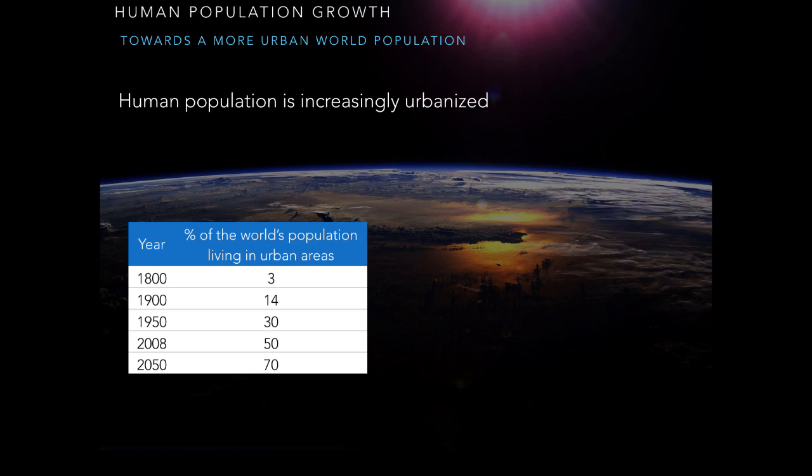More activities, little by little, started to increase in the cities. And so we saw a shift of the human population toward being more and more urbanized, with about 50% of the world population living in cities only 10 years ago. It's projected to be 70% of the world population living in cities by 2050. Why is there such a movement into the city?